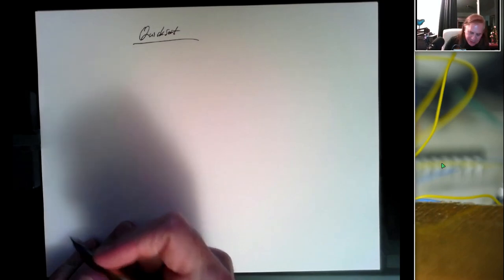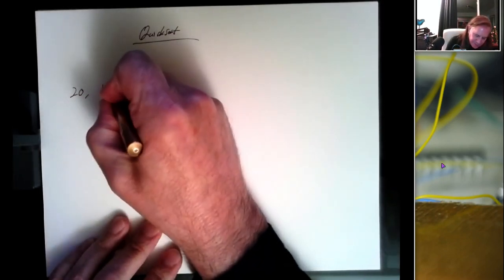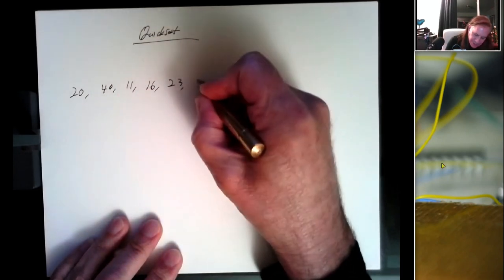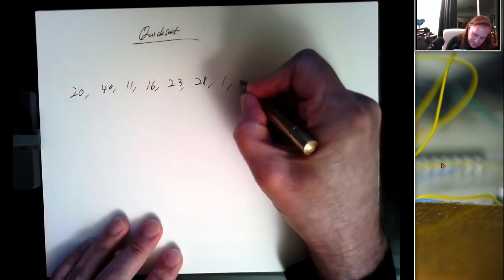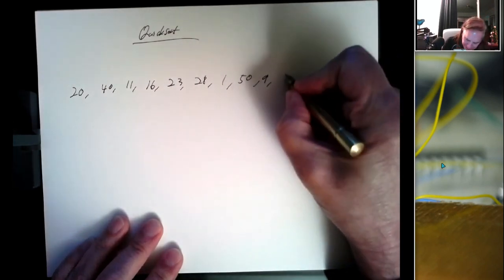So a similar idea to what's happening in a merge sort. So let me just make a set of numbers to work with. So 20, 40, 11, 16, 23, 28, 1, 50, 9, and 18.